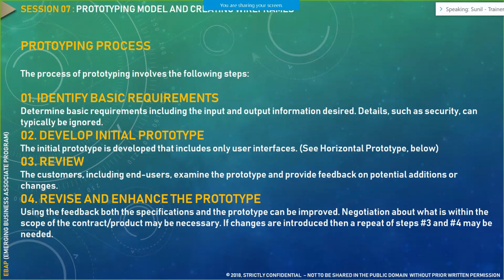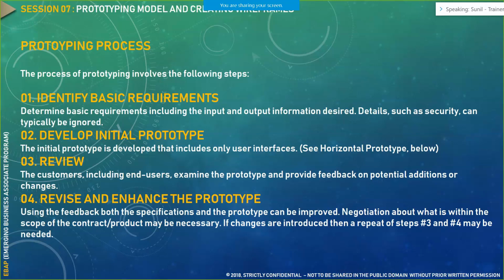After that, we have the prototype reviewed by the business user or the end customer and get their feedback. Like, do you feel that these are the elements that have been mapped in this particular prototype? Is it sufficient? Or would you like to add or exclude some of the elements from this prototype? You tend to get those kinds of feedback from your end customer or the business sponsors.